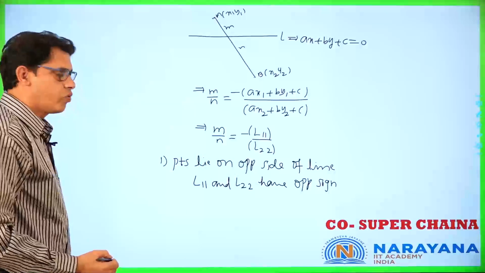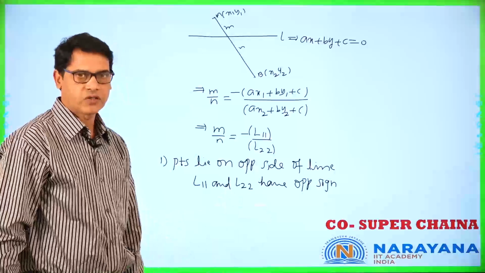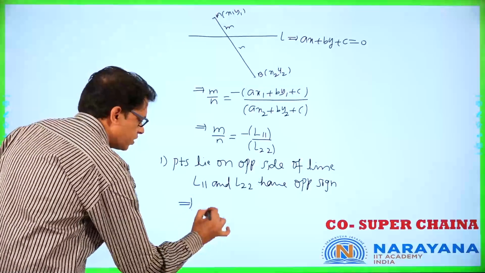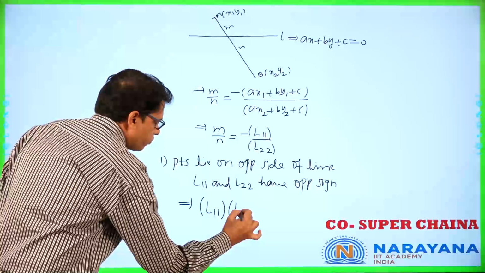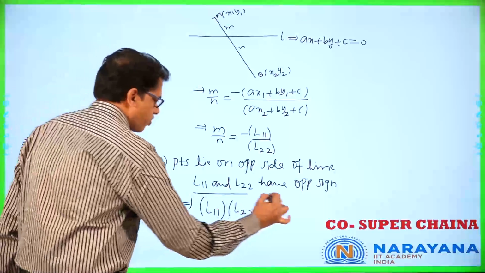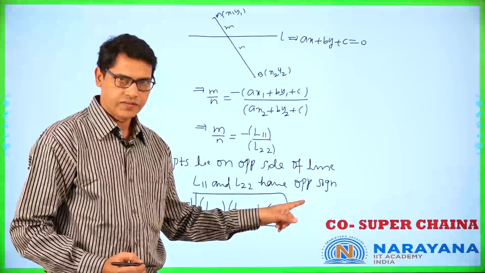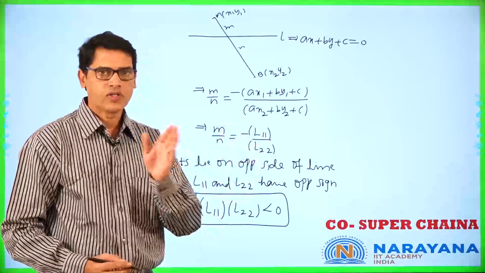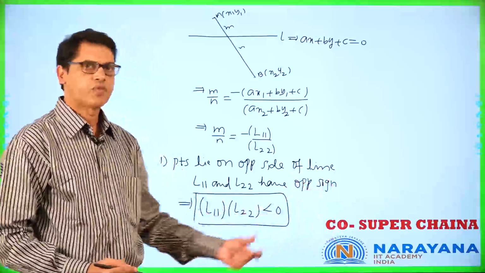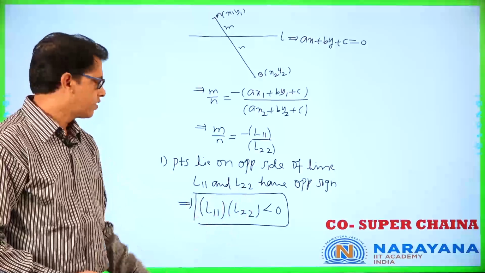If you multiply these two, what do we get? L11 into L22 must be less than 0. So remember this one: points lie on opposite sides, then they must have opposite signs. Or you may write it as L11 into L22 is less than 0.